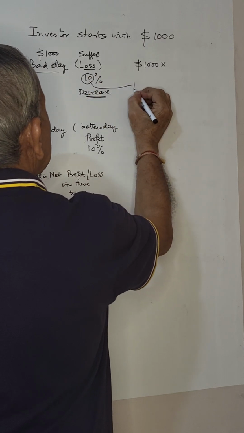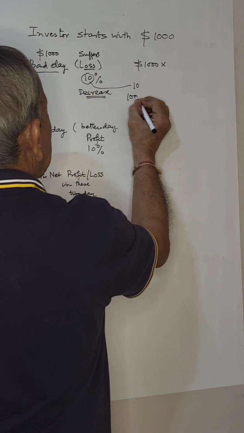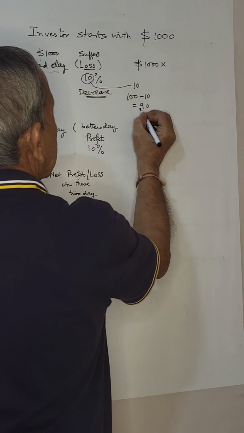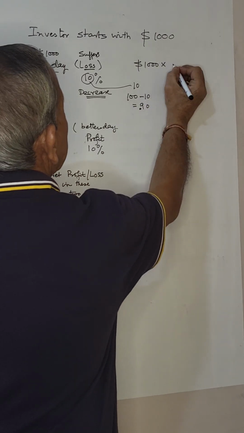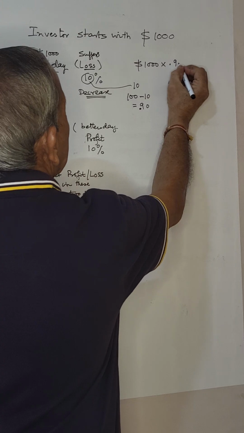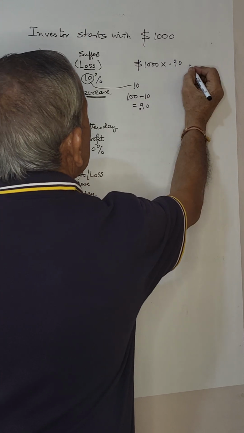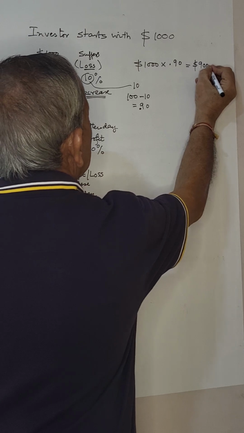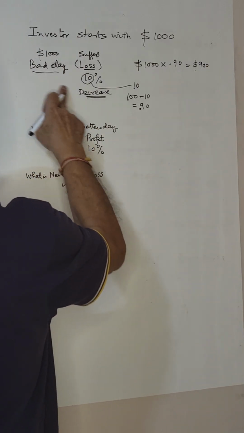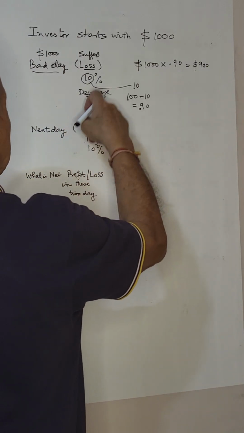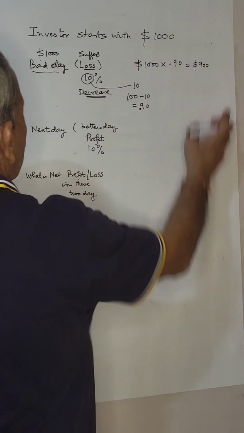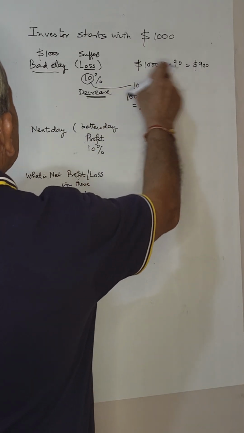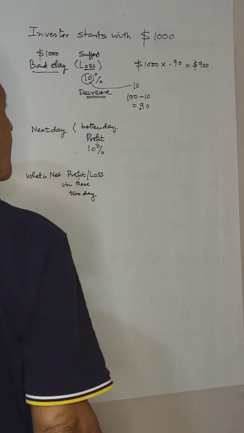Write 10 here, subtract it from 100, you get 90, place a point here, and you multiply it by 0.90. It means he gets 900. At the end of the day, the money has reduced to $900 from $1,000.